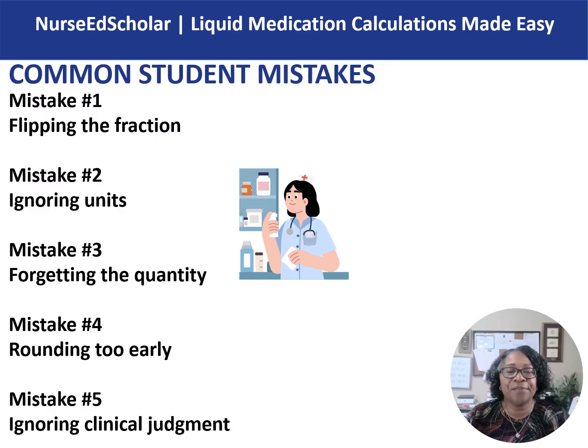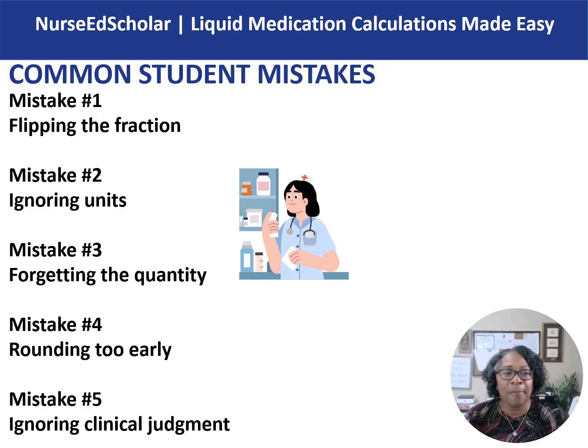Students may just forget the quantity. The label says 160 milligrams per 5 milliliters, and that 5 milliliters really counts in your calculations. They may round too early. When you're doing calculations like this, you want to make sure you have all of the numbers and then you round.